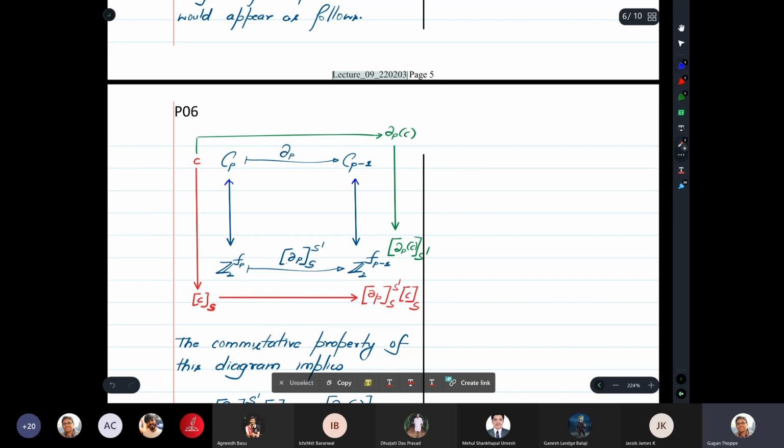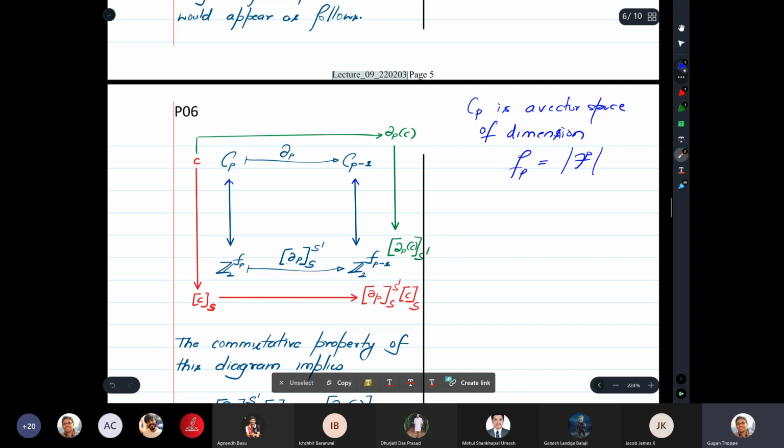So you identify a basis for Cp. This will give you a coordinate representation in Z2 to the power fp. So notice what this fp over here is. fp is the dimension of Cp. So recall, Cp is a vector space of dimension little fp, which is the cardinality of capital Fp, right?